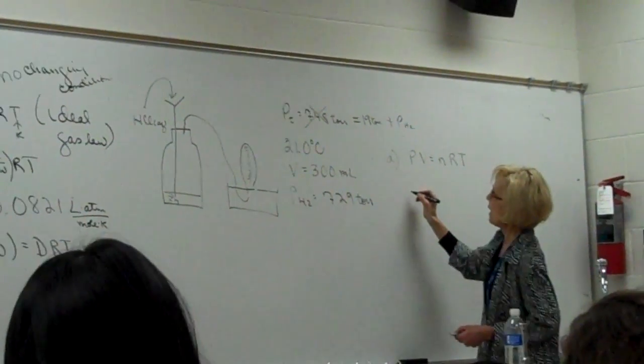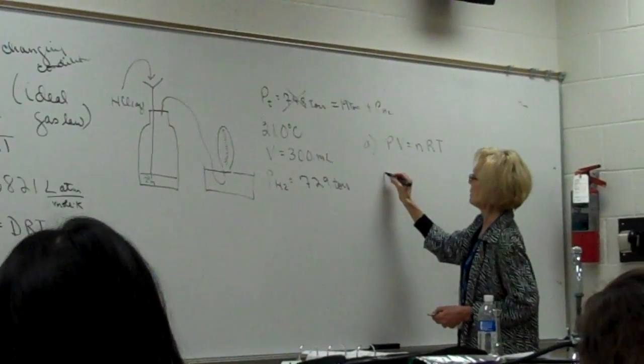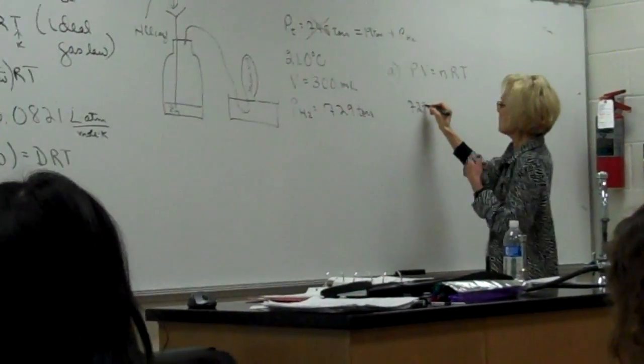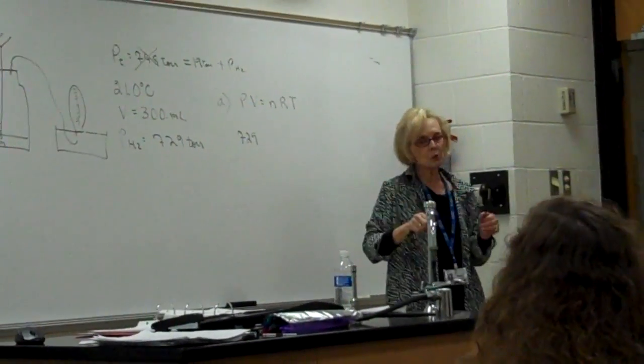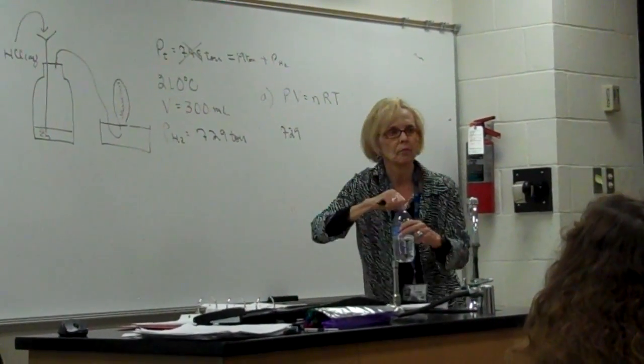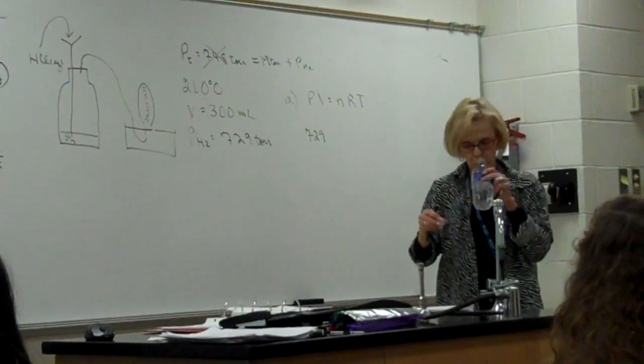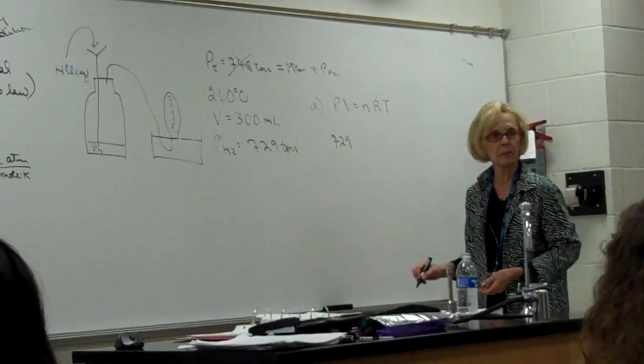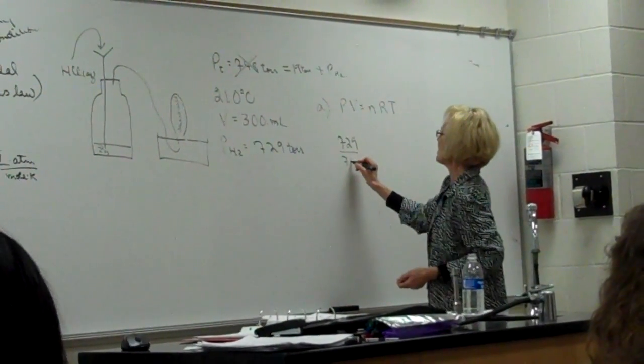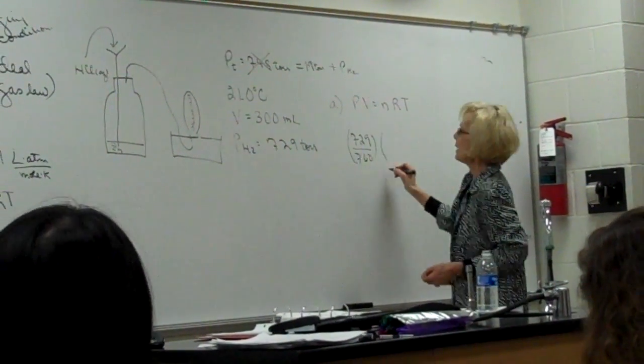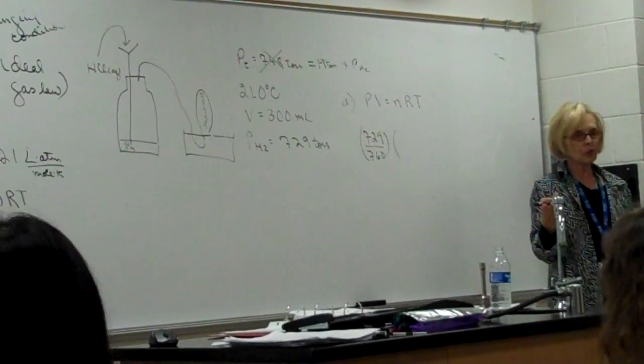Okay, so we have 729. Do I leave it as 729? No, make it ATM. How do I make it ATM? Divide by 760. Okay, 300. Do I want it 300?